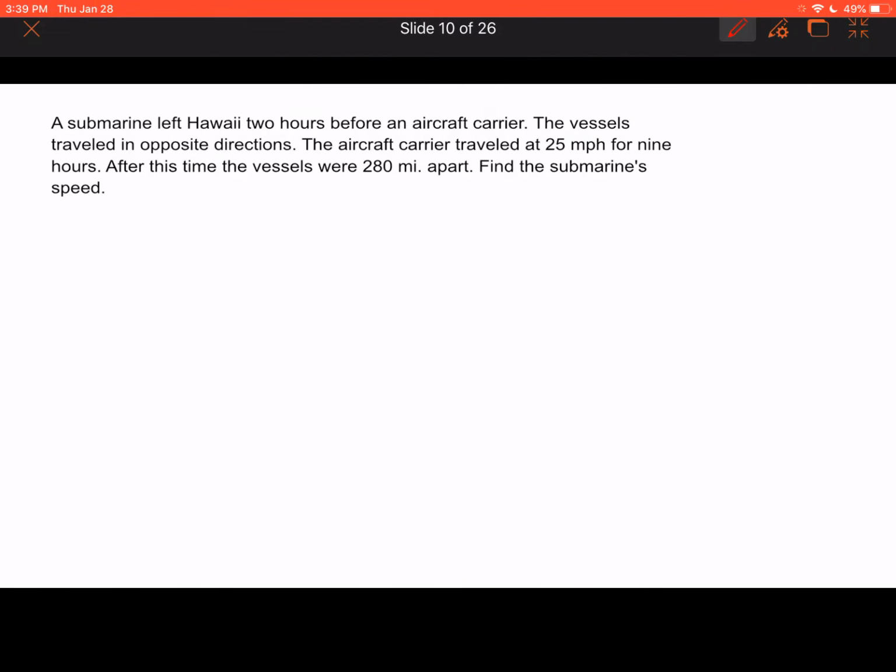A submarine left Hawaii 2 hours before an aircraft. So this time is going to be 2 hours ahead. The vessels traveled in opposite directions.